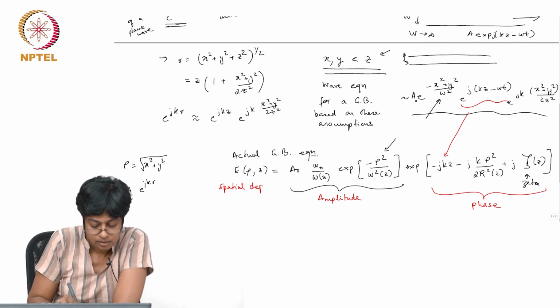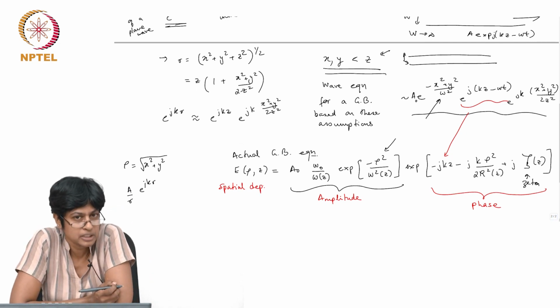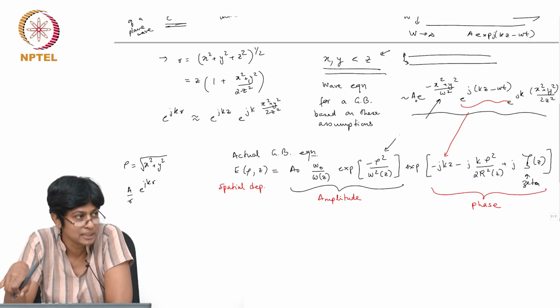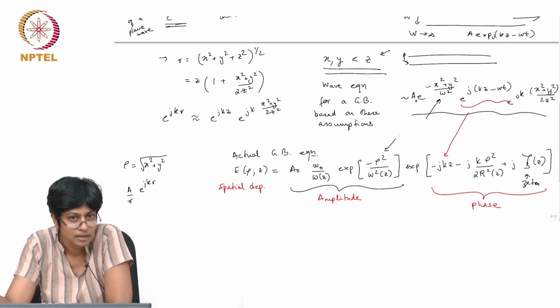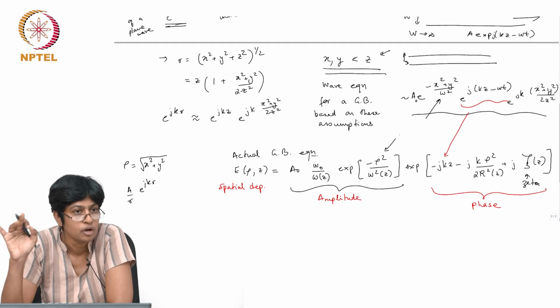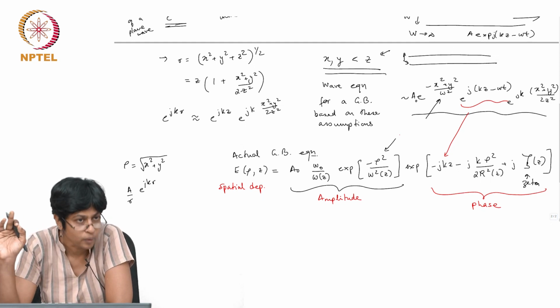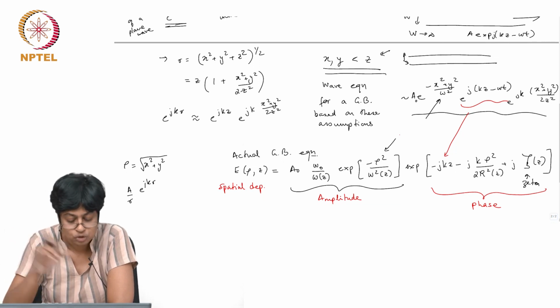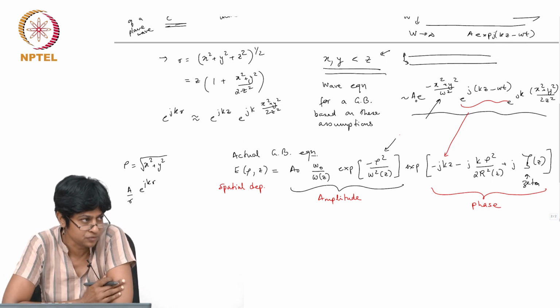Okay. We can always study only the spatial dependence, because your e to the power minus j omega t is going to repeat everywhere. So you can always just study the spatial dependence, and finally, if you actually need the full wave at any instant of time, you will take into account that e power minus j omega t term. So we've written only the spatial dependence of the Gaussian beam here.